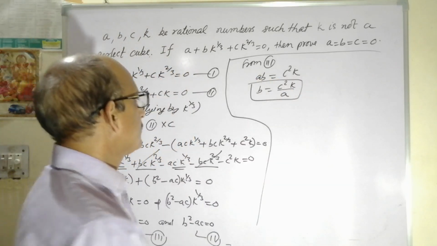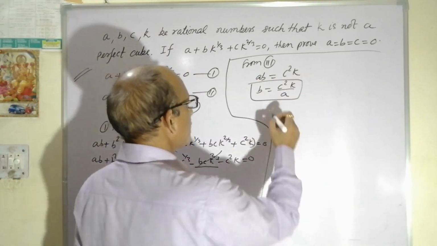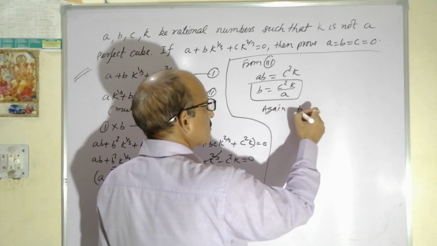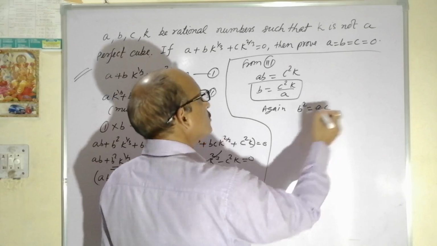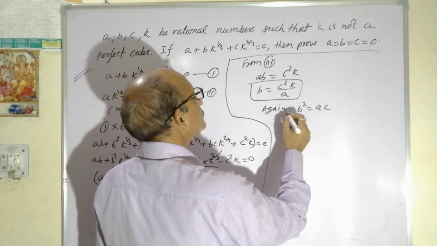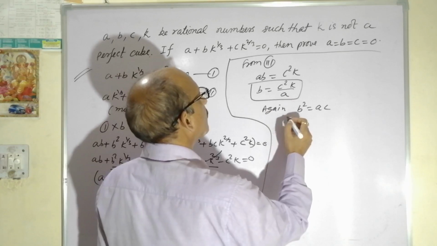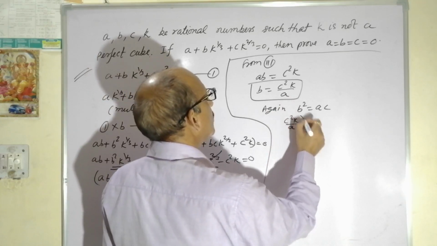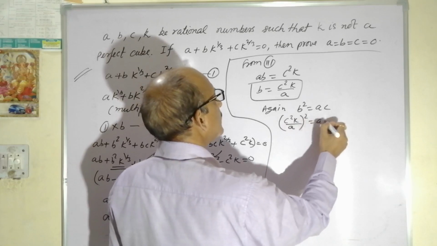Put in this one. We'll get B square is equal to AC. So put the value of B square as this much. It is now C square K upon A whole square is equal to AC.